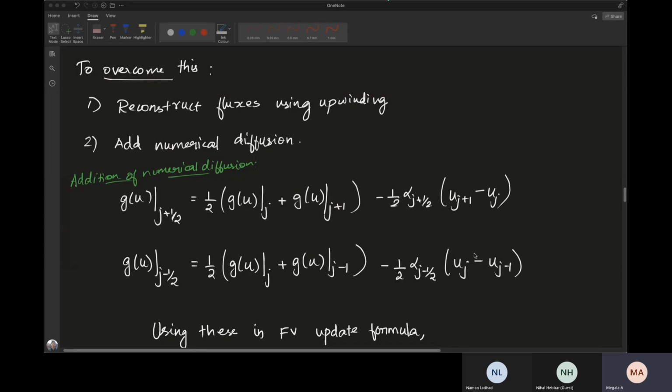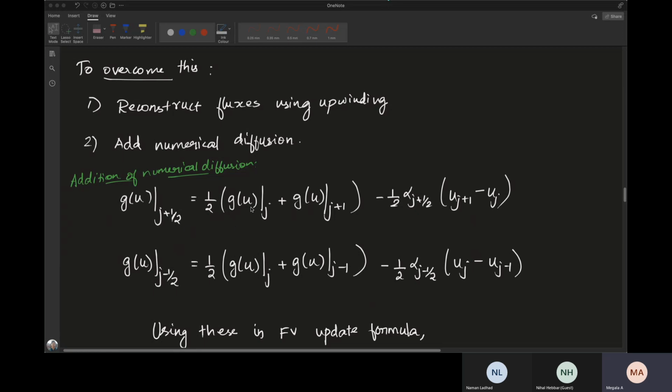So now let us try the second one, wherein you add some numerical diffusion to our already existing central differencing in space. Our expressions for fluxes at the interfaces become something like this. We already took some average of left and right states initially.